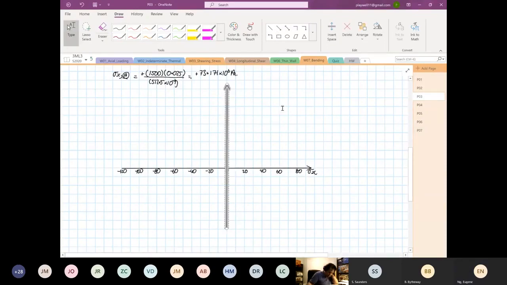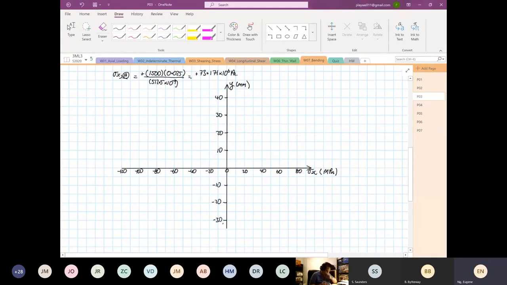So this is our y, with 10, 20, 30, 40 in millimeters, and the stress in megapascals.